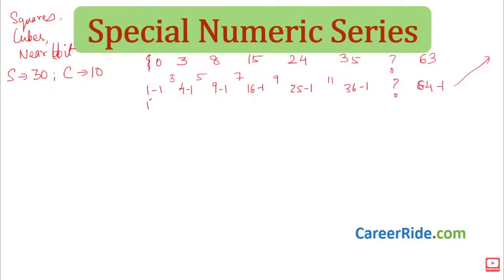These are 1 square, 2 square, 3 square, 4 square, 5 square, 6 square. So by default here it should be 7 square, and this is 8 square. So 7 square minus 1.